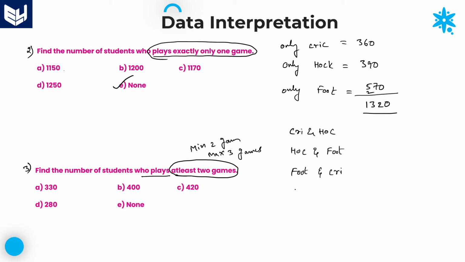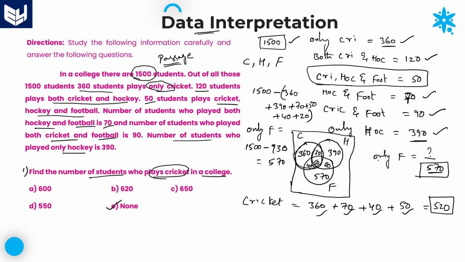Now you also take all three games, that is cricket, hockey and football. Now you just write down all the values. Once go back, first cricket and hockey 120.